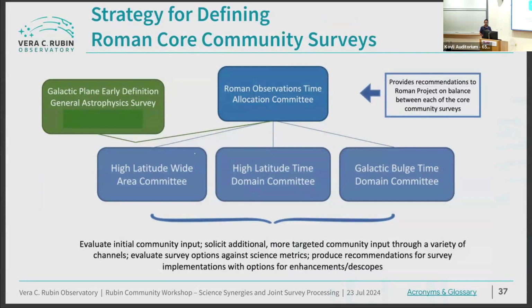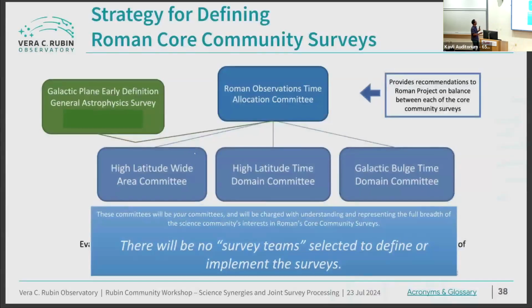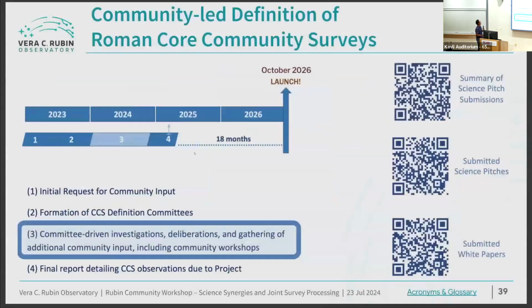And the committee members have read all of the science pitches and the white papers, and are in the process of trying to incorporate the suggestions that were made in putting together an observing strategy that will, again, accomplish the cosmology and exoplanet science goals, but also produce other useful ancillary science. There will be no survey team selected for any of these core community surveys. It is really for the community. And as the data are going to be public right away, anyone can get access and do their science.